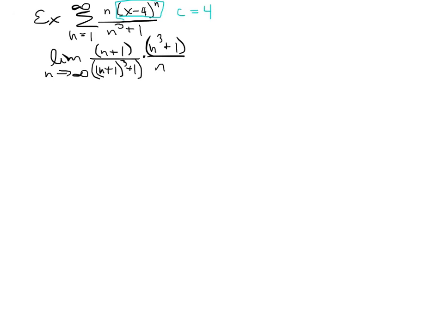Now, if I multiplied everything through on the top, the biggest thing I would get is an n to the 4th, and what's in front of n to the 4th is just 1. In the bottom, the biggest thing that I get is an n to the 4th, and what's in front of n to the 4th is just 1. So my limit is 1.